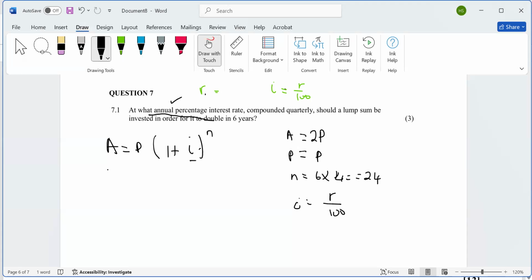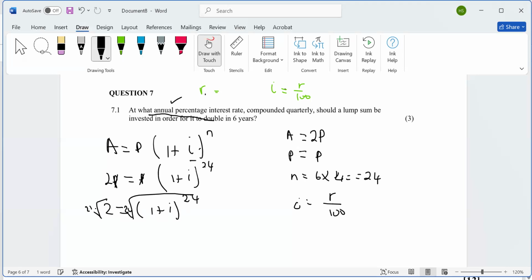Continue. Okay, so we have 2P equals P times 1 plus I to the power of 24. P and P cancel, we have 2 equals 1 plus I to the power of 24. Take the 24th root.